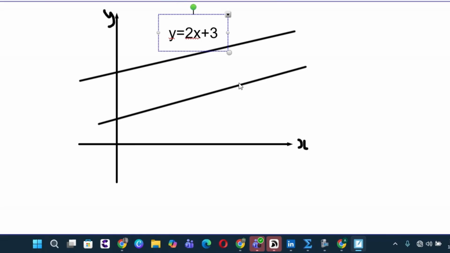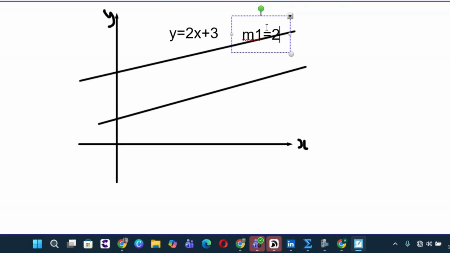Okay. Now recall that when two or more lines are parallel to one another on the Cartesian plane, their gradients should be the same. Now, if this line is parallel to this line, from what you can see here, the coefficient of x is 2. So we can see that the gradient m1 of this line is 2.